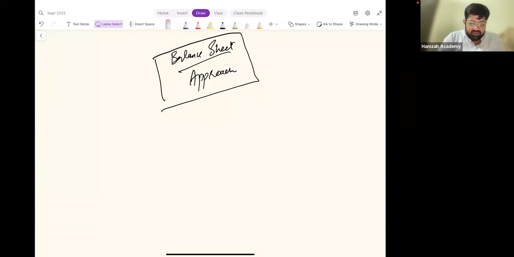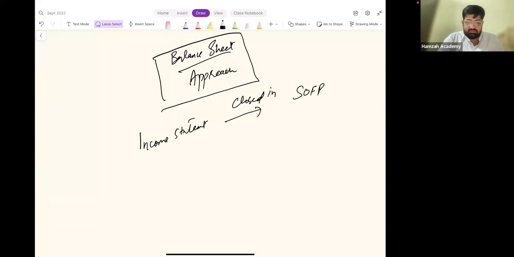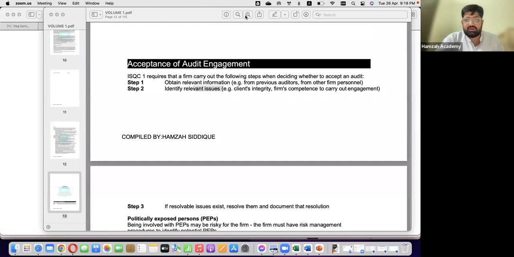Ultimately, we know that even the income statement is closed in the balance sheet, the statement of financial position.